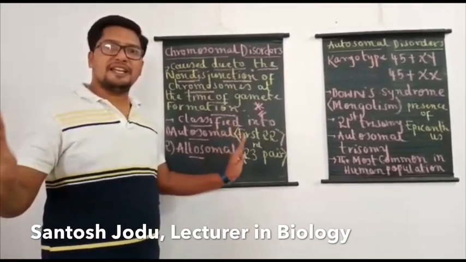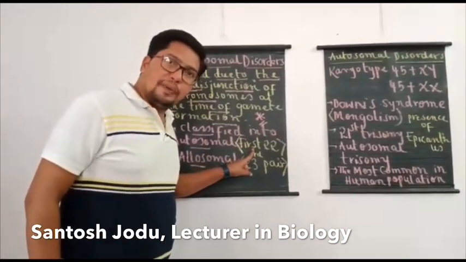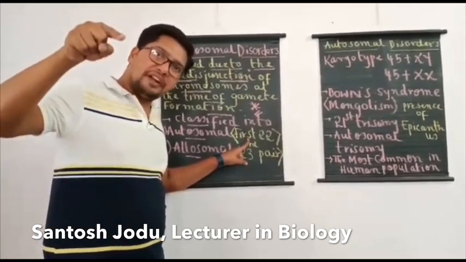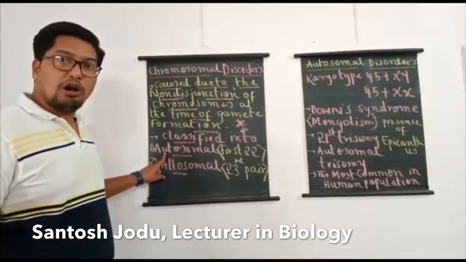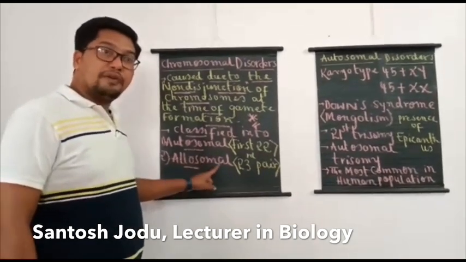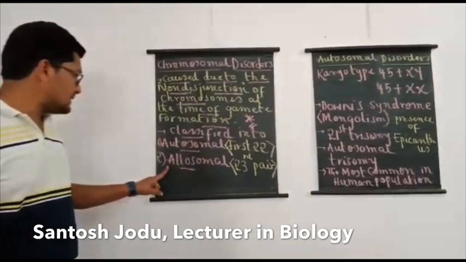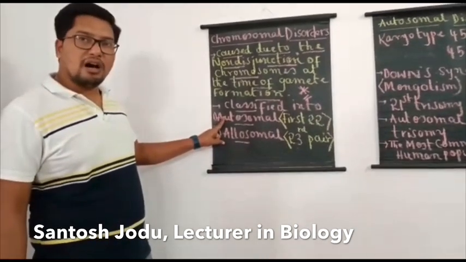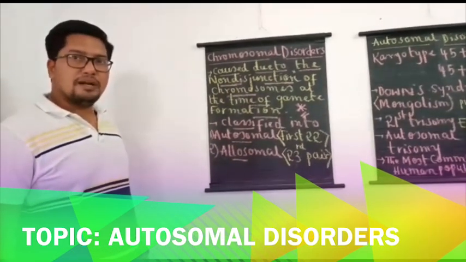When the problem is in the first 22 pairs of chromosomes, we call such a chromosomal disorder an autosomal disorder. When the problem is associated with the 23rd pair of chromosomes, we call it an allosomal disorder. In this way, chromosomal disorders are broadly classified into autosomal disorders and allosomal disorders.